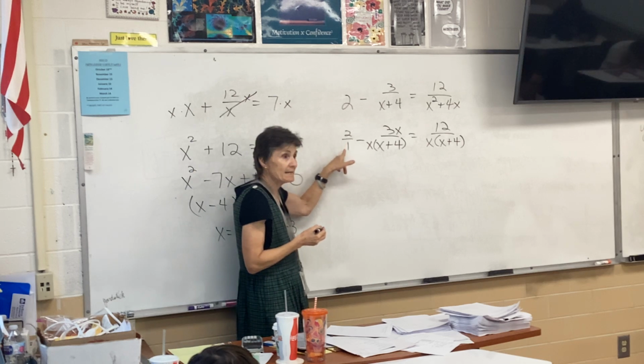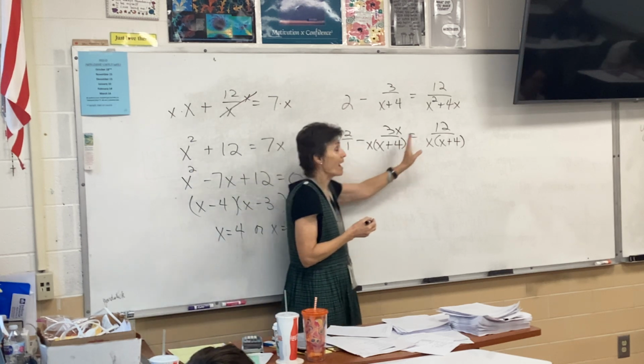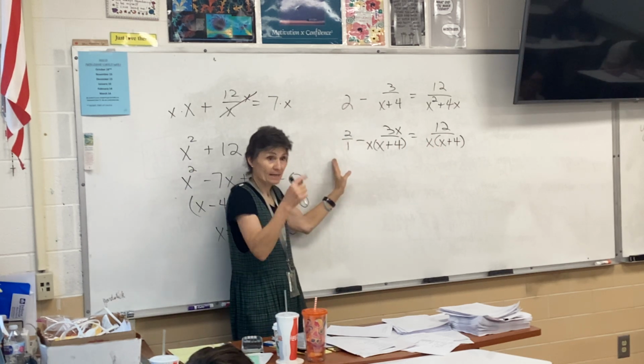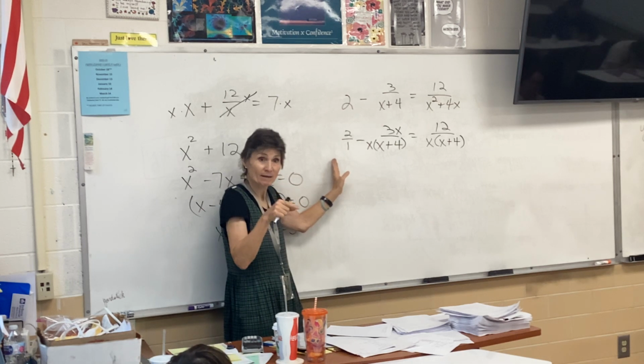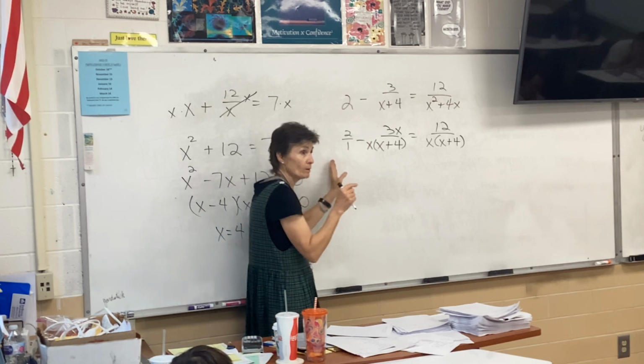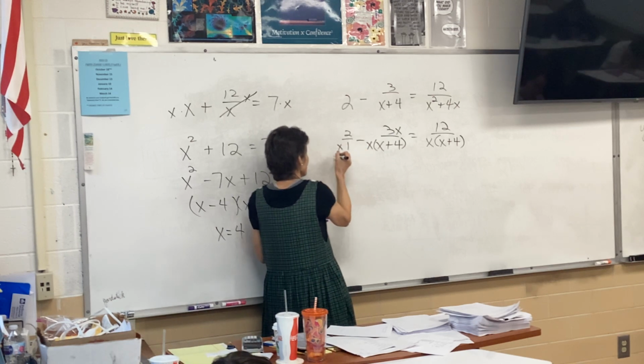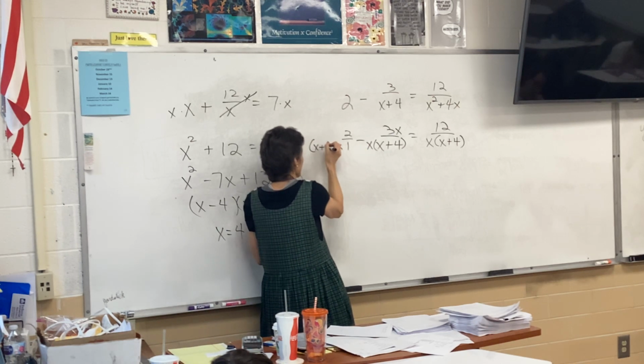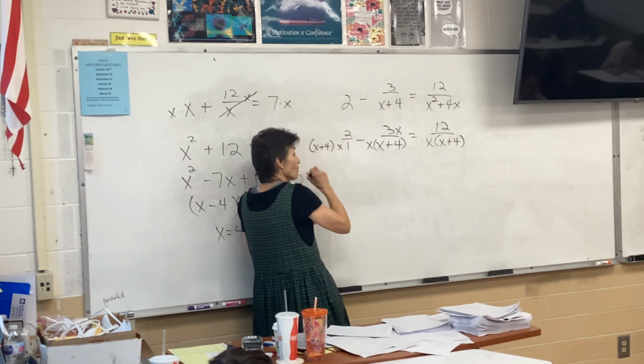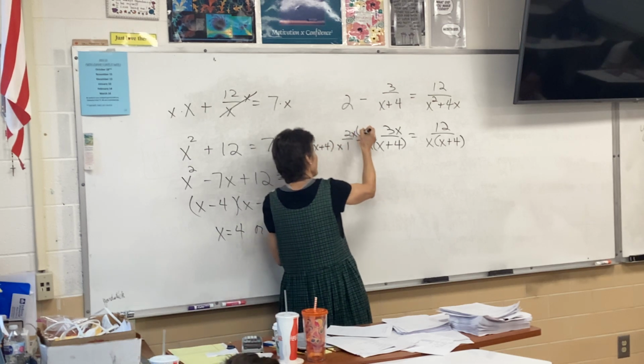So what does he need? If he's going to match, he needs an X and an X minus 4, or X plus 4. So I'm going to multiply this guy by an X and an X plus 4. But of course, don't I have to do that to the top also?